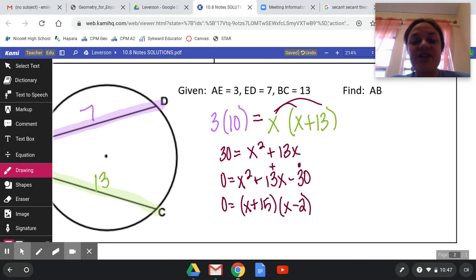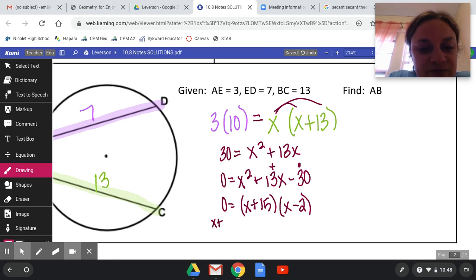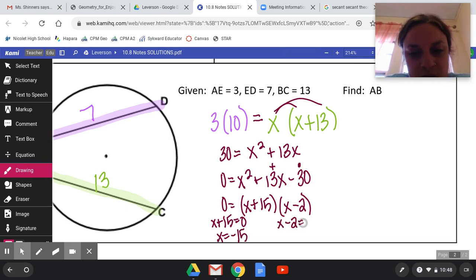Okay, so I factored it. There it is. 15 times negative 2 equals negative 30. 15 plus negative 2 equals 13. So then, once again, zero product property. Either X plus 15 is equal to 0 and X equals negative 15, or I could also say X minus 2 equals 0 and X equals 2.